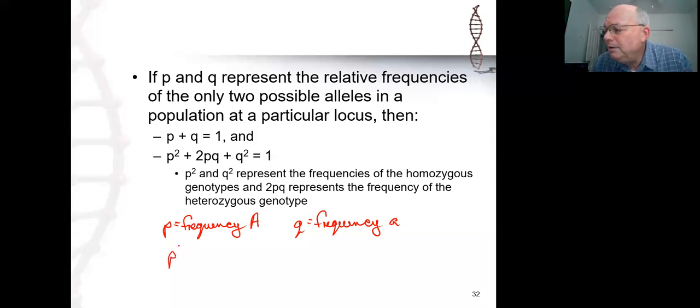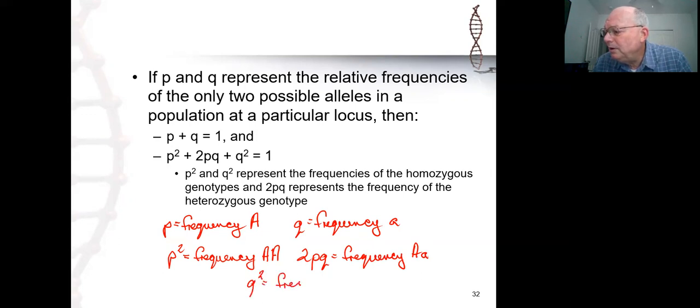P squared is the frequency of big A, homozygous dominant. 2PQ is the frequency of the heterozygotes, big A, little a, and Q squared is the frequency of little a, or the homozygous recessives.